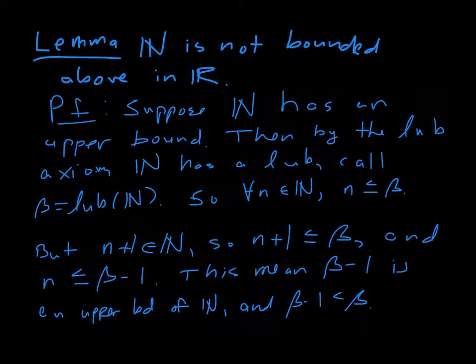So this contradicts the assumption that beta here is the least upper bound. I was able to find another upper bound, beta minus 1, for the natural numbers that is smaller than beta. So that is a contradiction, which means the initial assumption was wrong, which establishes the lemma that the natural numbers are not bounded above.